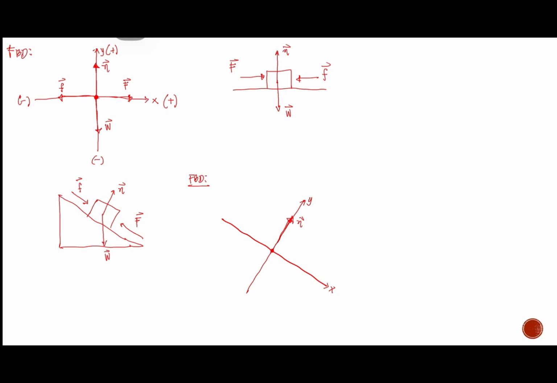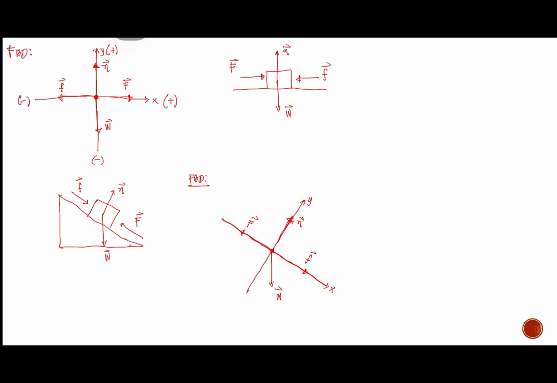And then our applied force is to the negative x-axis. And then we also have our friction force, which is going to the positive x-axis or going downwards. And then we have our weight, which is directly straight downwards, so not necessarily along the negative y-axis.